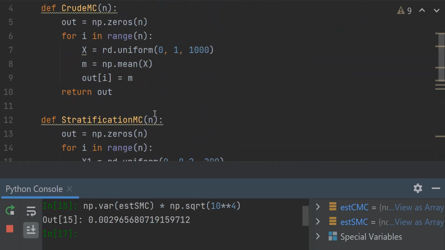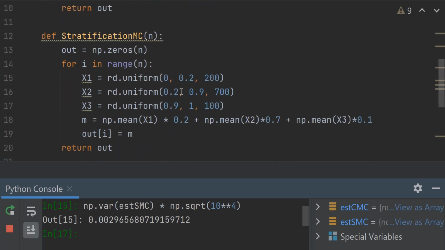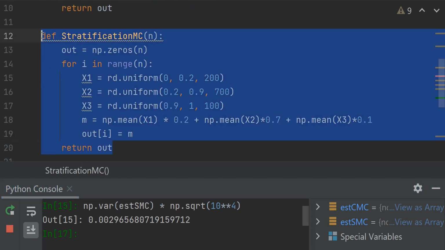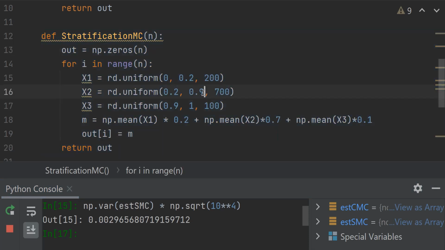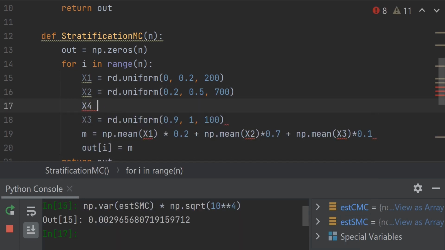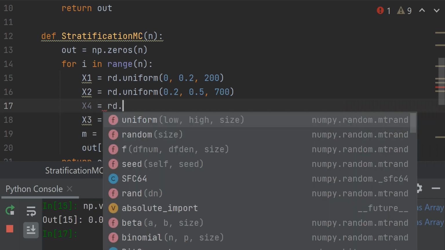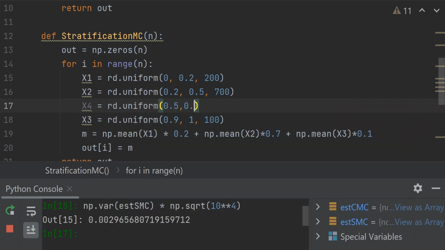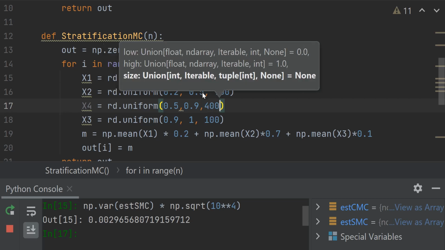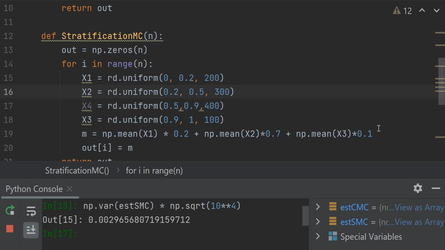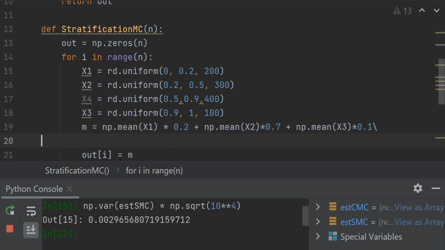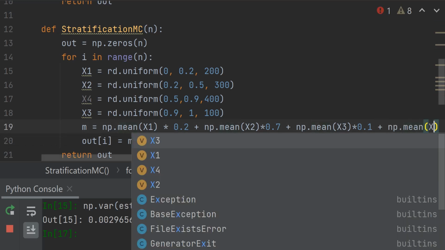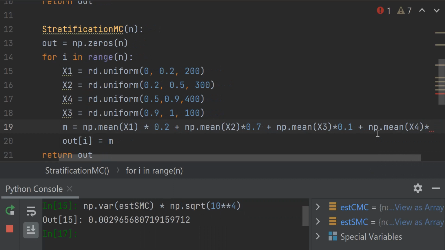And, well, these two functions, it's not that much harder to simply do this. In fact, I could probably increase this even more if I just write 0.5 here, and then I change this again, random uniform 0.5 up to 0.9, then this should be 400, and this should be 300, and then here I should, I don't remember how I do this, plus the mean of x4 times 0.4, and change this to 3.